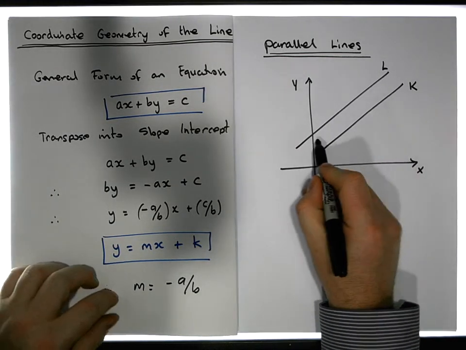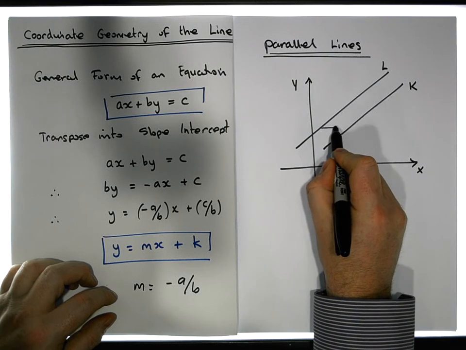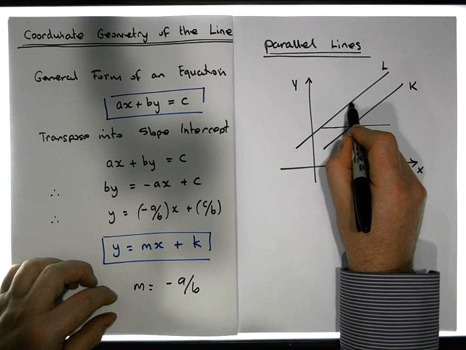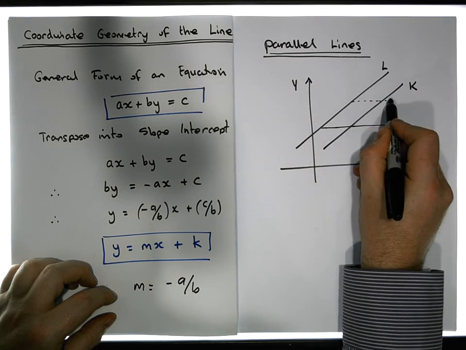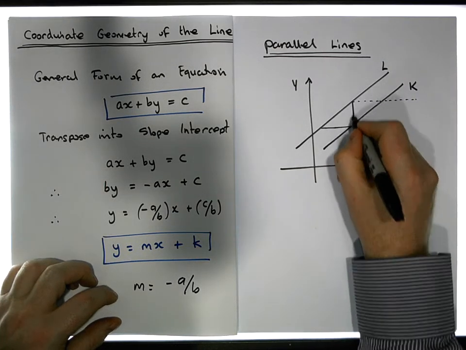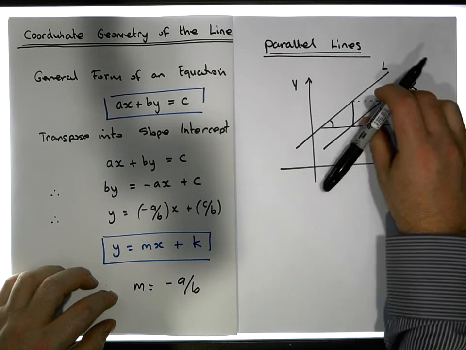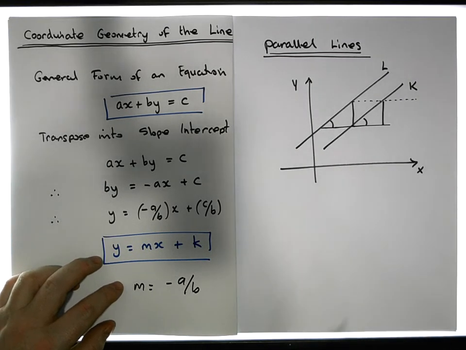So let's say, for argument's sake, we create a triangle here. I'm interested in this triangle because it represents the slope of this line. But I also have a congruent triangle here, so that this particular angle is the same.